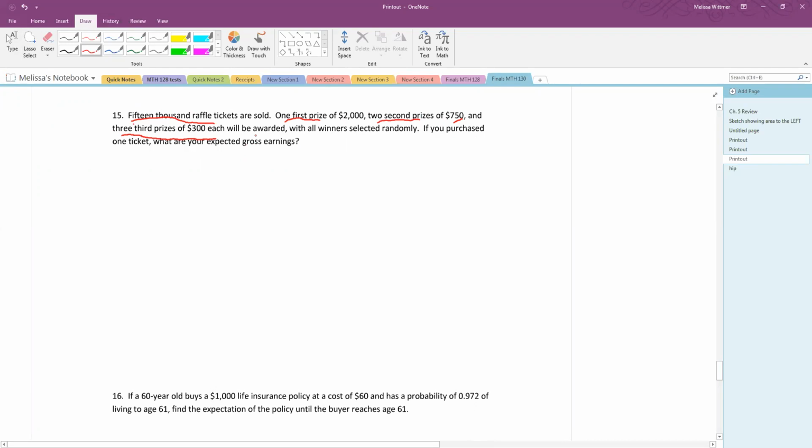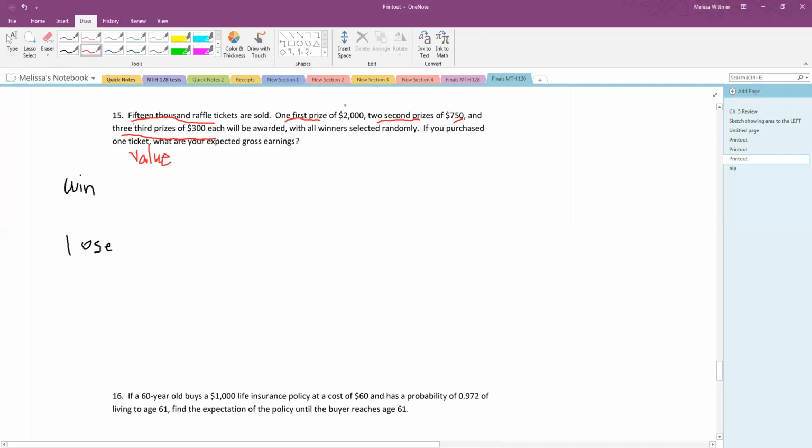So first, when we set this up, the way I did it in the lesson is we set up a table, and we always want to look in these types of games of chance at wins and losses. So winning has to be a value. So always think about how much money you win.